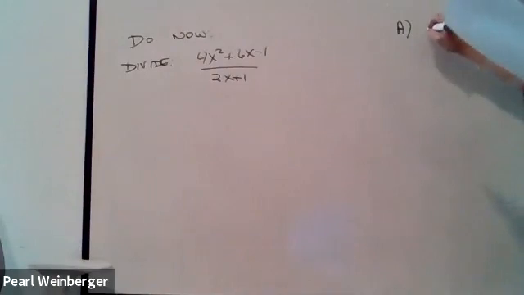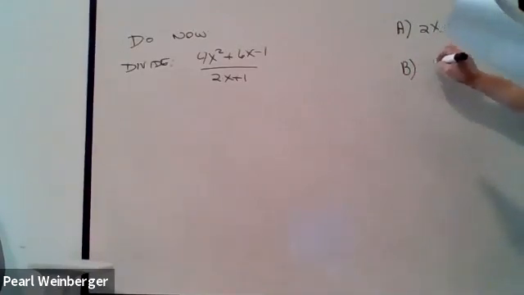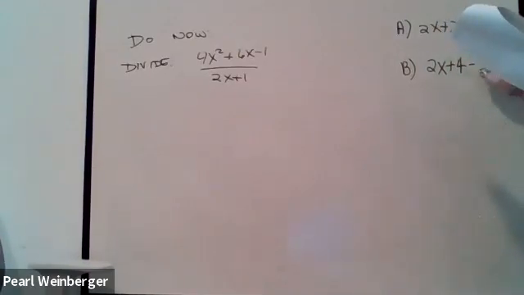A is 2x plus 2 minus 3 over 2x plus 1. Choice B, 2x plus 4 minus 5 over 2x plus 1.